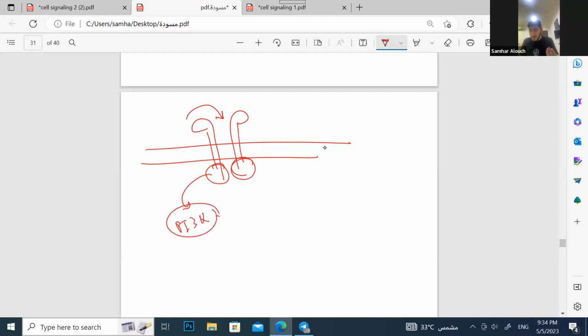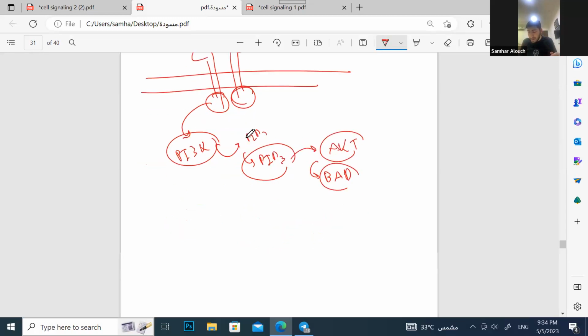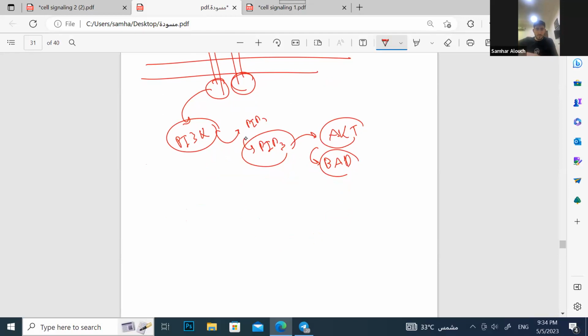PI3K is a kinase. It goes and phosphorylates PIP2 into PIP3. Now PIP3 goes and activates AKT, and AKT phosphorylates or activates BAD, and BAD does the following action. Then if we want to end this, we use PTEN. PTEN is a phosphatase that converts PIP3 to PIP2 back, and it ends the whole thing.